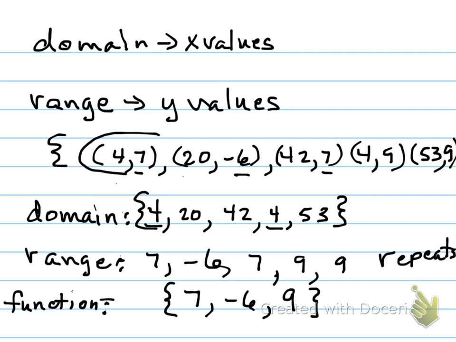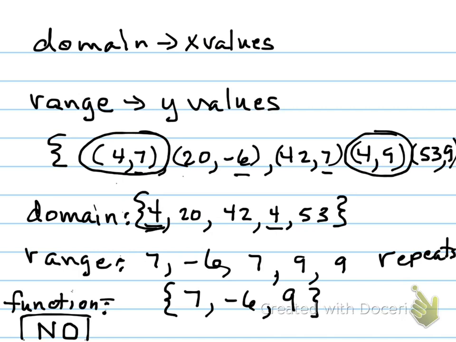This one is 4, 7, and this one is 4, 9. So, are those in the exact same point? No, because this one is 4, 7, and that one is 4, 9. So in this case, no, this relation is not a function.